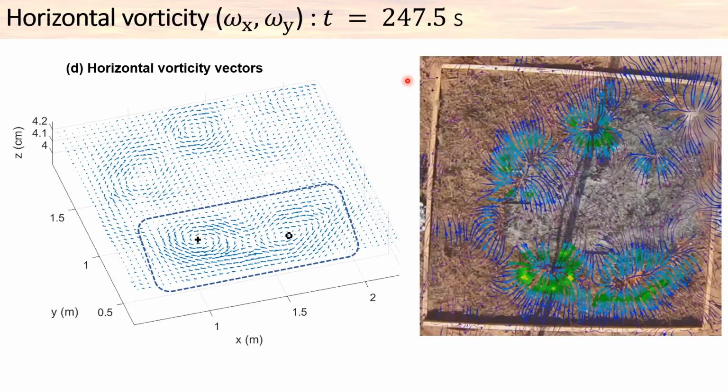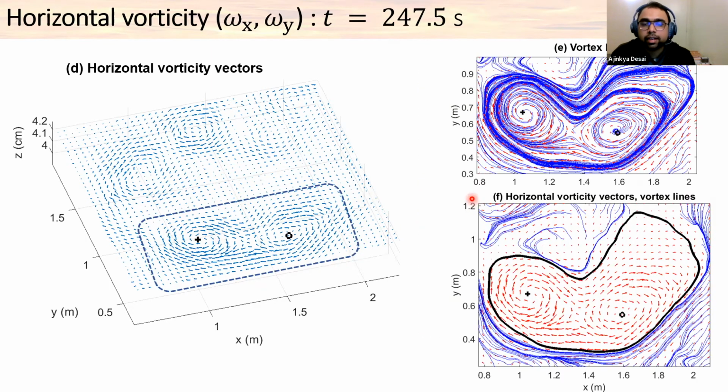Sure. Okay. So if you take another snapshot when the fixed points are formed, and focus your attention around these fixed points, and plot the vortex lines that correspond to these horizontal vorticity vectors, these red arrows in E are the same as the blue arrows in D. You will see that these vortex lines emerge from one fixed point, spiral outward, and then spiral inward towards another fixed point.